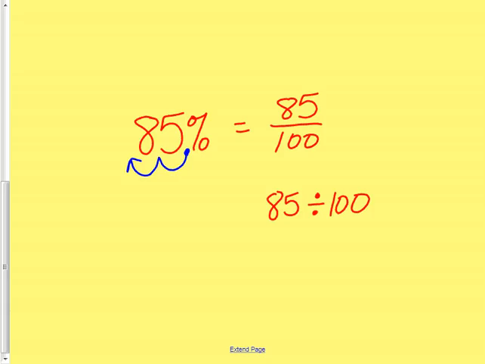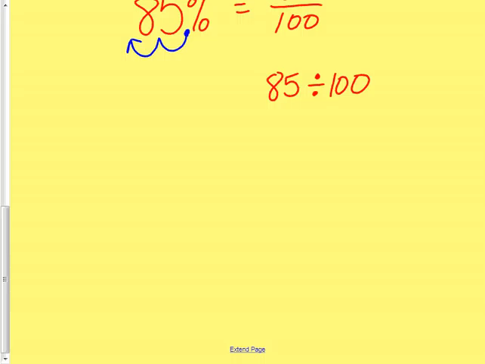And then changing a decimal to a percent is essentially just the opposite. So for example, 23 hundredths is going to be 23%, because you're taking it from the decimal 23 hundredths and writing it as the fraction 23 hundredths. And then you can get the percent from that. And we want to get rid of it, and we want to just know just what the top number is.